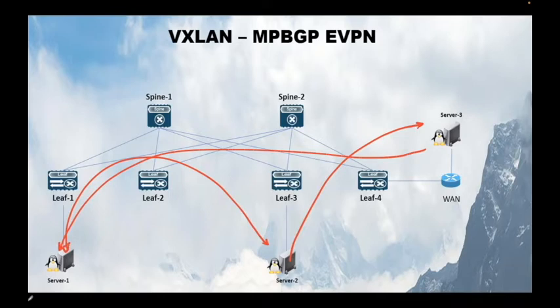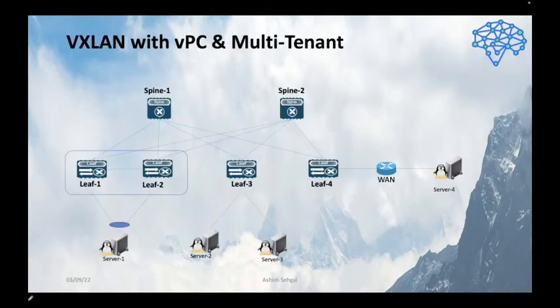So this is just a lab topology which we will be working on, and in the second lab topology there will be a modification. We call this lab Vxlan with VPC and multi-tenant. So this is what will be there in your lab as well. There is another third variant, an advanced variant of Vxlan, called Vxlan over multi-site. So that definitely we will be discussing as well.